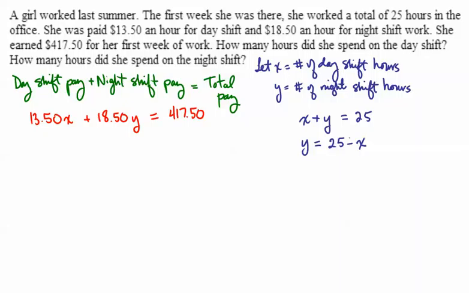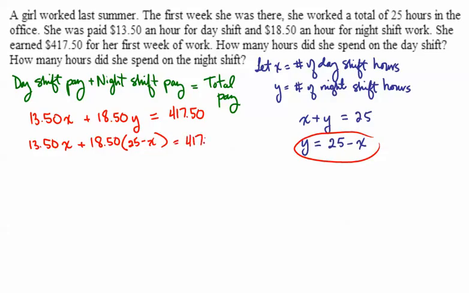Next, we're going to use the fact that y is 25 minus x to substitute out the y in our main equation. So we get 13.50x plus 18.50 times (25 minus x) is equal to $417.50. Now we're left with one equation, one unknown. We can solve for that unknown and use it to find the second unknown. So we're going to have to distribute.